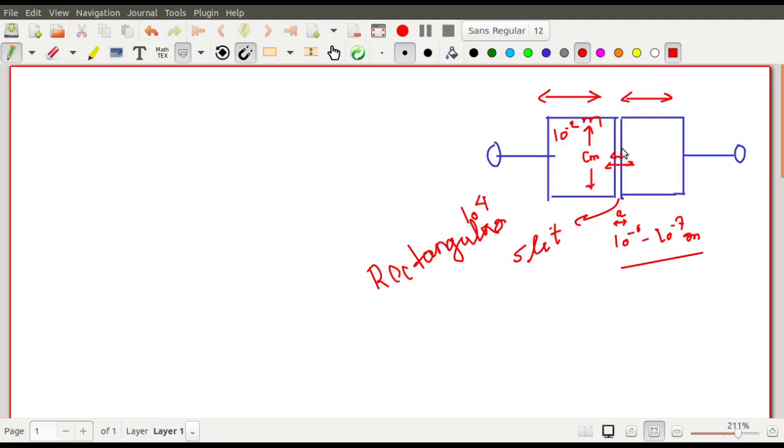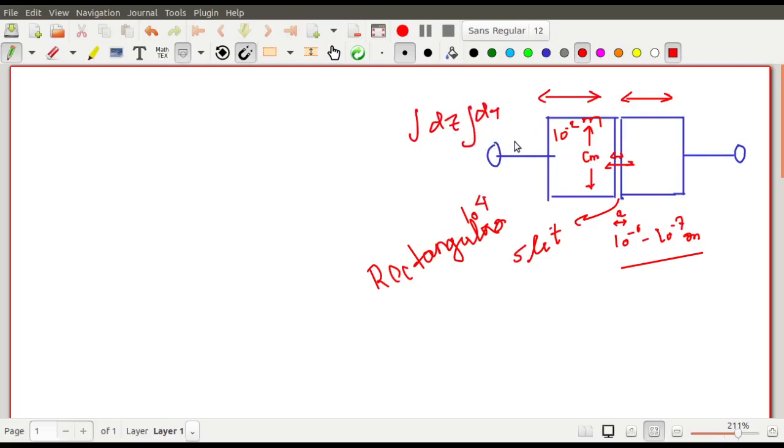You have to consider both dimensions because both are comparable to the dimension of the wavelength. So if the length and breadth are both of the same dimension, that is micrometer or angstrom, then you have to consider diffraction in both ways and the integration will be not only over dz but also over some dy or dx as you consider.